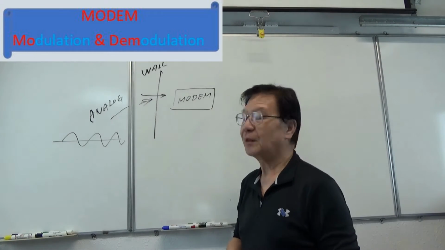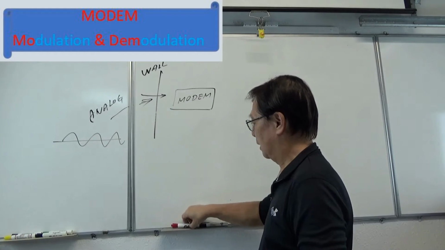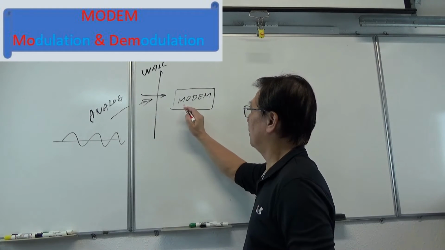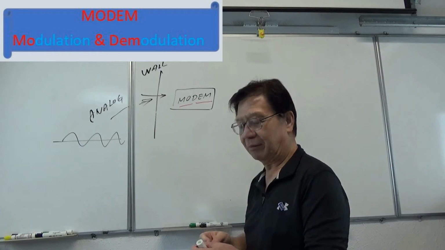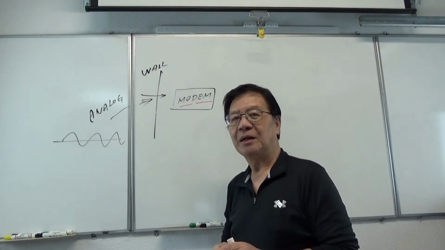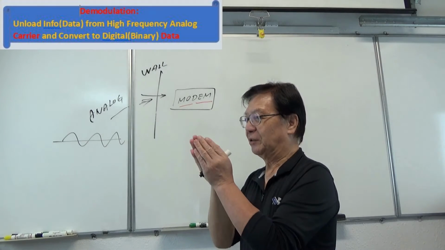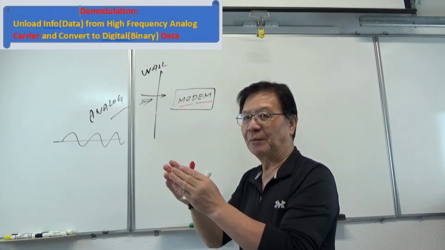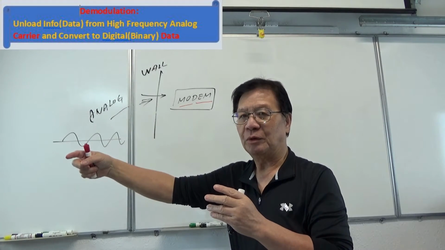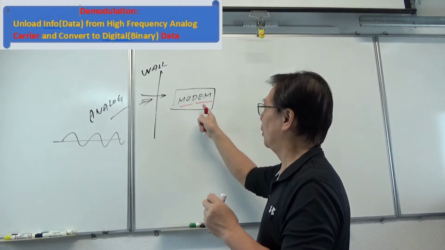What is a modem? Modem is a combined word: modulation and demodulation. That means it takes the data signal out from the carrier signal. That's called demodulation.